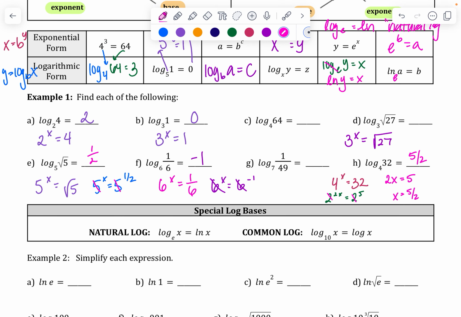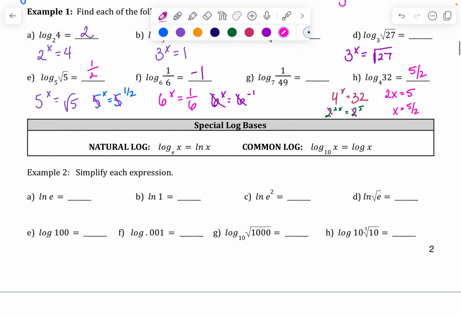Okay. And that is how we go about finding out these logs. Now there are special log bases. We already talked about this first one. When I have log base e of x, we don't like to write it as log base e. We like to write it as ln of x. ln of x is the natural log.